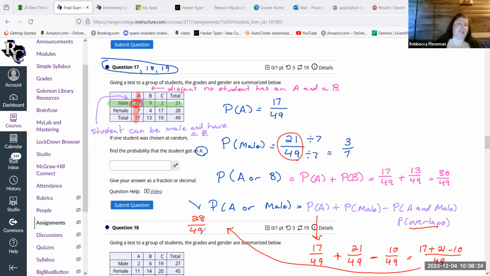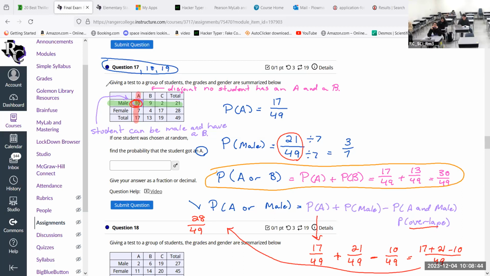So we end up 28 out of 49 are students who were A's or male, sorry. So I kind of tweaked it a little bit because this one wasn't appearing in a grid like this, but I know that one's an easier one to get. So I kind of threw that in there to kind of boost the grade in that particular probability question.